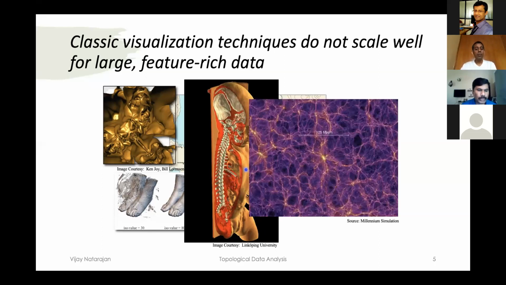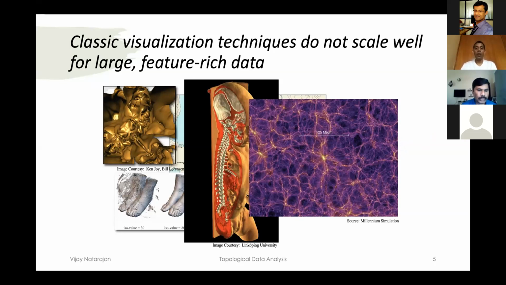This again becomes very difficult to interpret when your data becomes large in size, when there are several features in the data. For example, in this simulation of the universe, while we can see individual clusters of galaxies, it becomes difficult to understand what is happening in these thread-like regions that connect different clusters of galaxies.